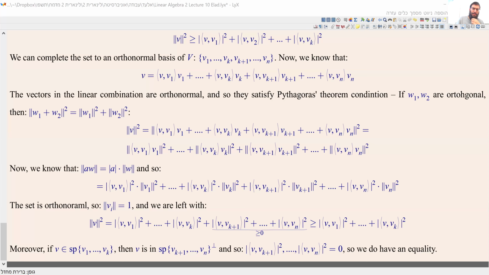Okay, so our next theorem was Cauchy-Schwarz, right? So let's prove Cauchy-Schwarz.